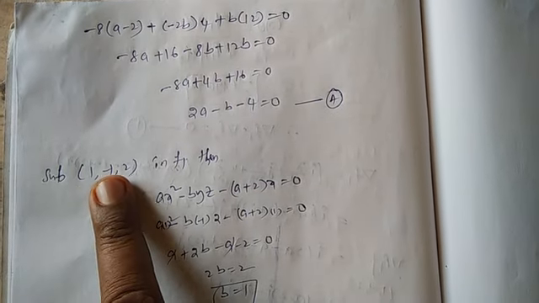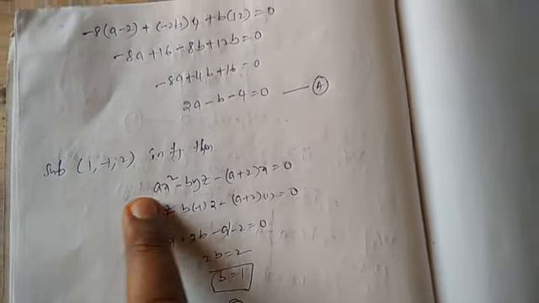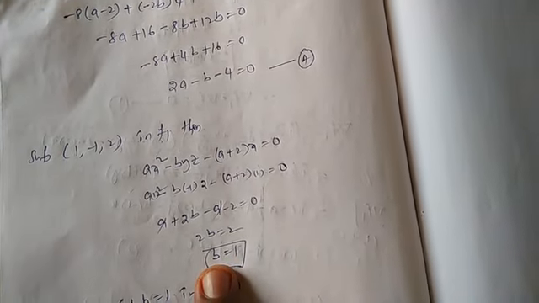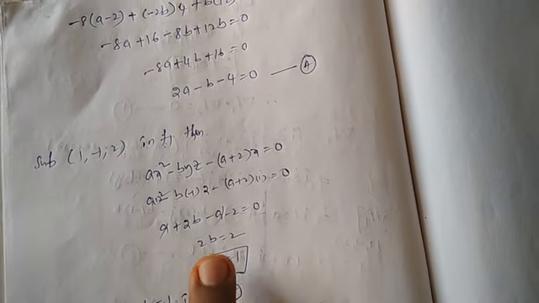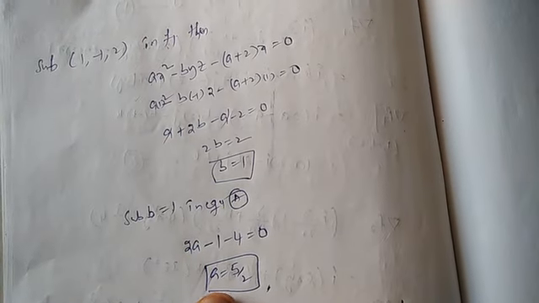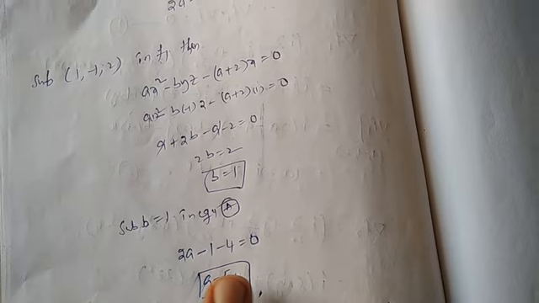Substitute 1 comma minus 1 comma 2 in f1: x equals 1, y equals minus 1, z equals 2, to get the relation that b equals 1. Now substitute b equals 1 in equation number A to get the a value: minus a equals 5 by 2.